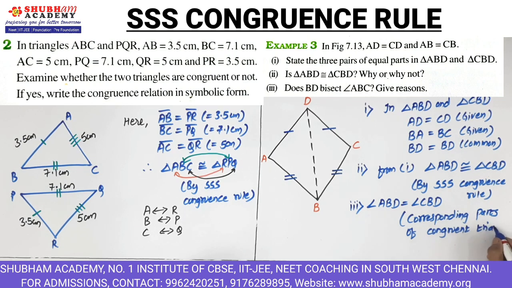It can also be written as CPCT, which means corresponding parts of congruent triangles.